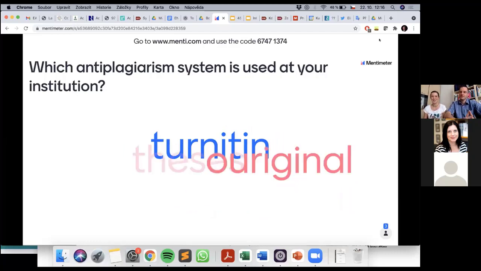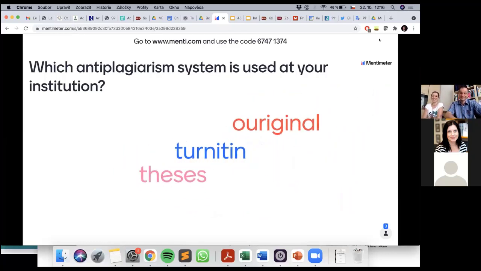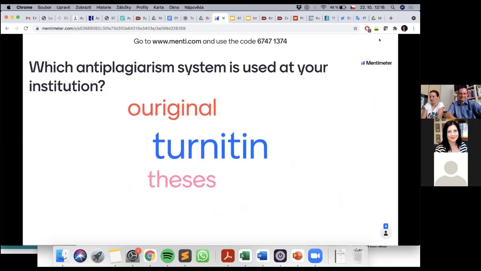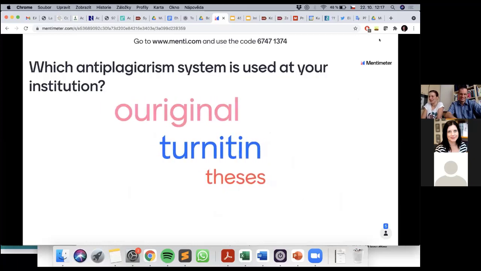Yeah, two global readers are appearing there. Okay, somebody from Czechia, I guess. Turnitin group a little bit, so there are more options for it. Okay. More customers of Ouriginal.